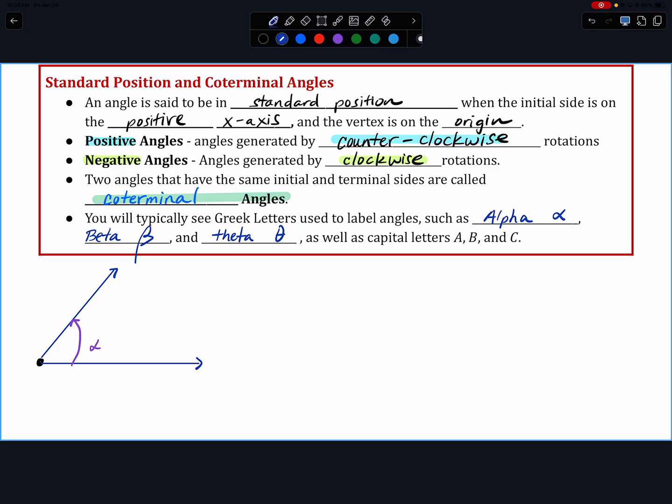Then this would be the initial side, and this would be the terminal side. And then this, of course, is the vertex.